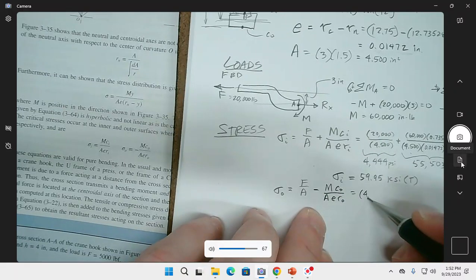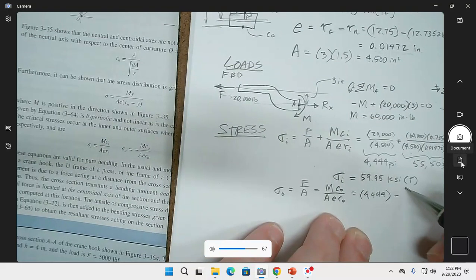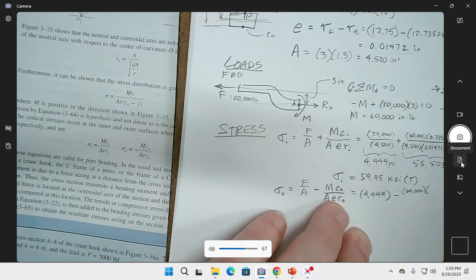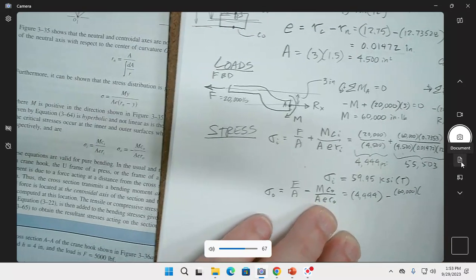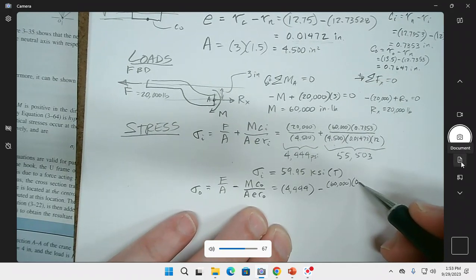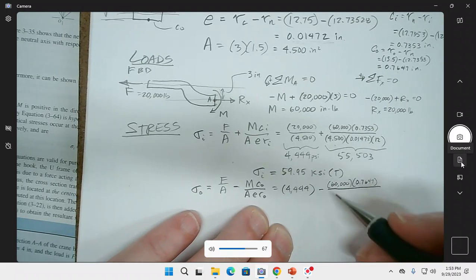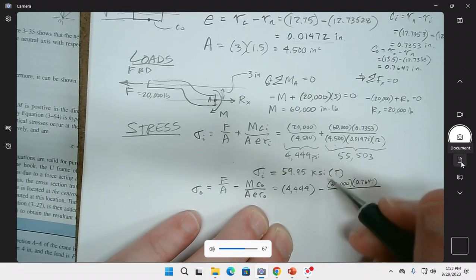We just go 4,444 minus 60,000. CO is up there, 0.7647 and divided by 4.5.